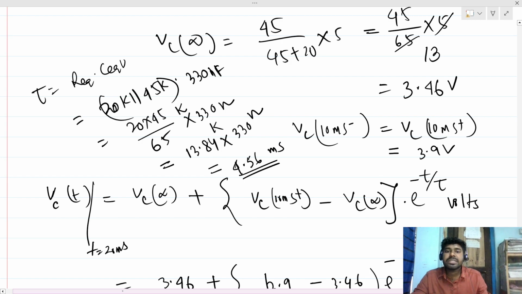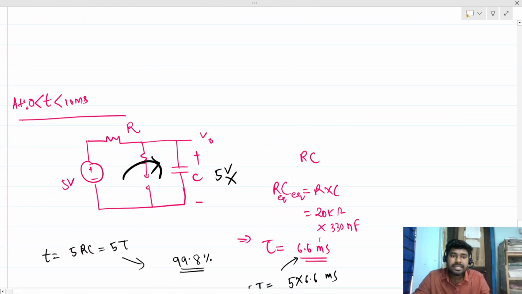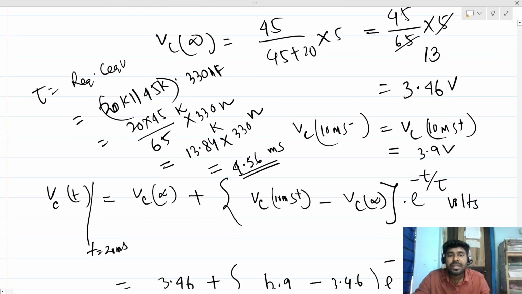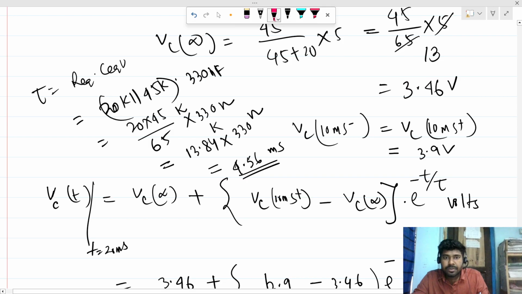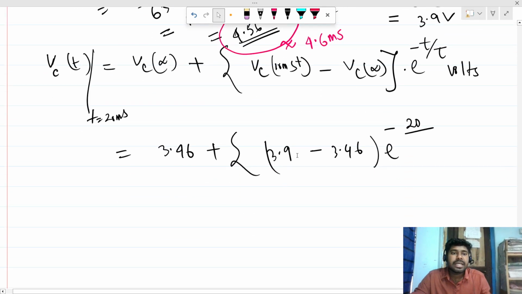So now the time constant has changed. Previously the time constant was 6.6 millisecond. Now the time constant has changed to 4.56. For approximation and easy calculation, let's say this is 4.6 millisecond. Now let me do the calculation again.